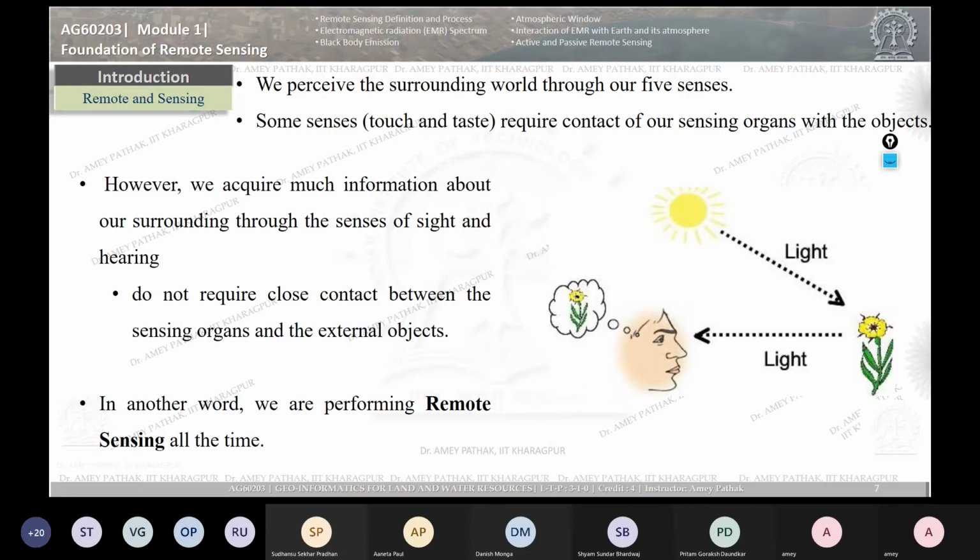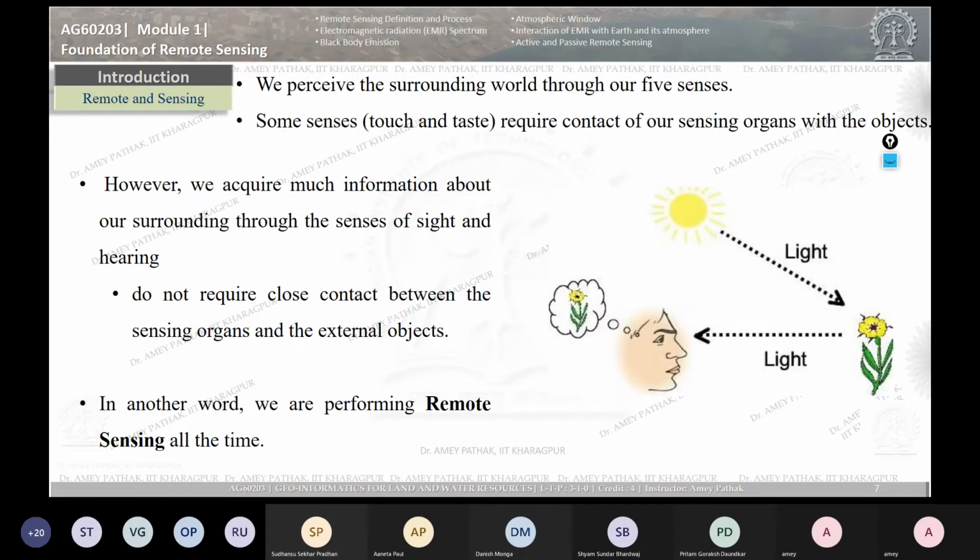Whatever you are looking at on your screen is actually light being reflected, and that reflected light is being sensed through your eyes. My next question is, why do we see objects? Can someone answer?